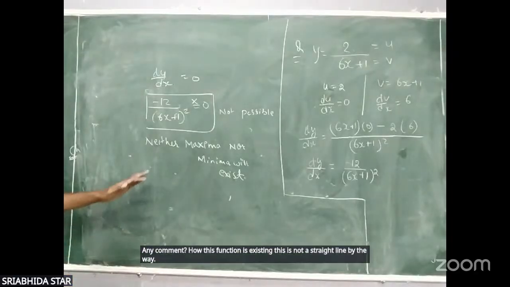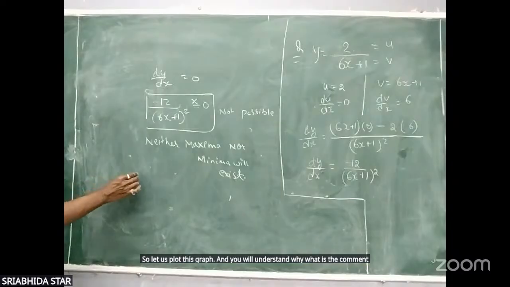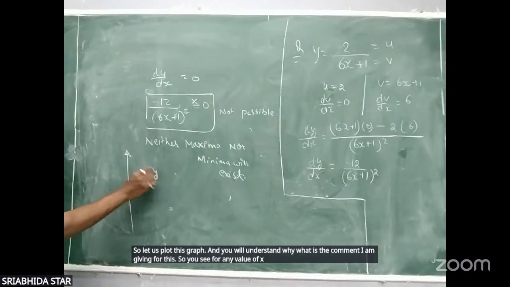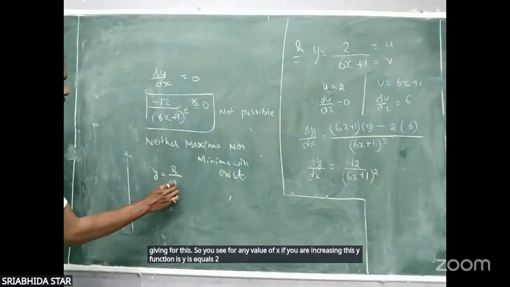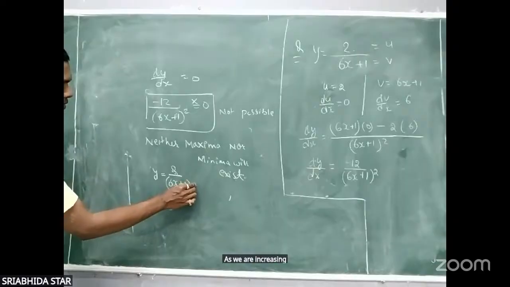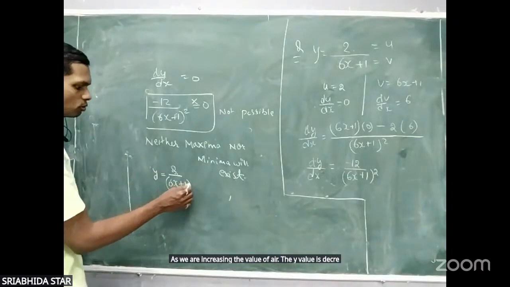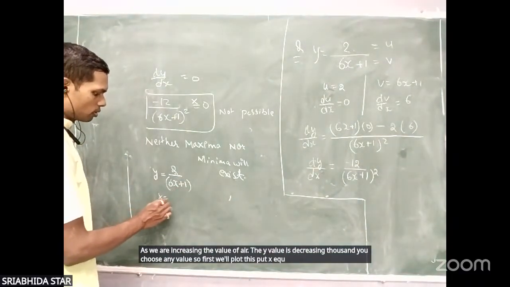So let us plot this graph, and you will understand why. What is the comment I am giving for this? You see, for any value of x, if you are increasing, this function y equals 2 divided by 6x plus 1, as we are increasing the value of x, the y value is decreasing. How, sir? You choose any value. First we will plot this. Put x equals to 0.